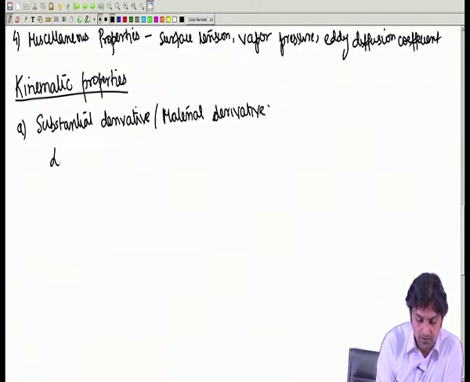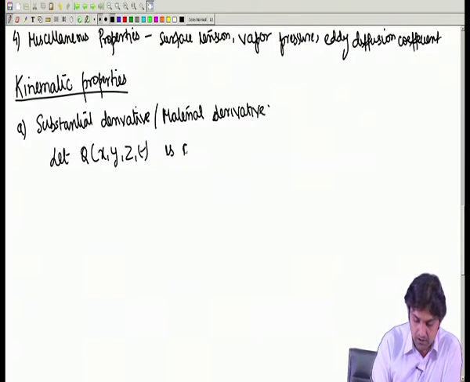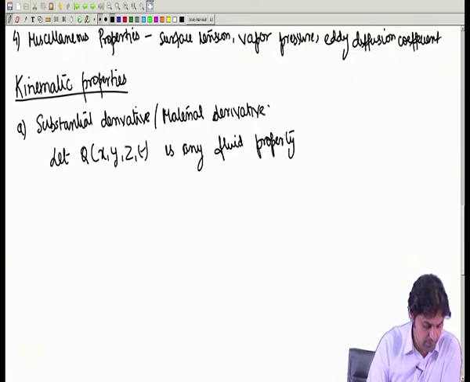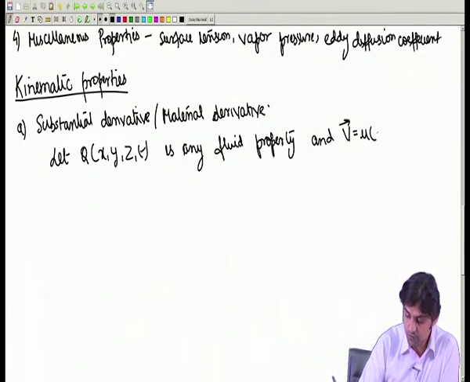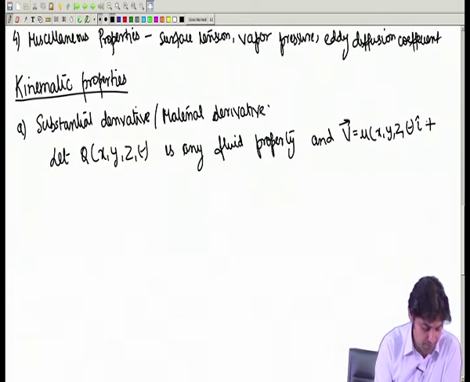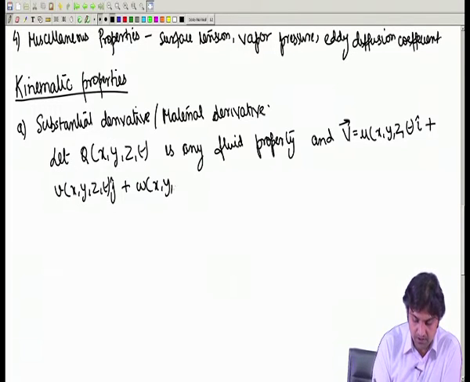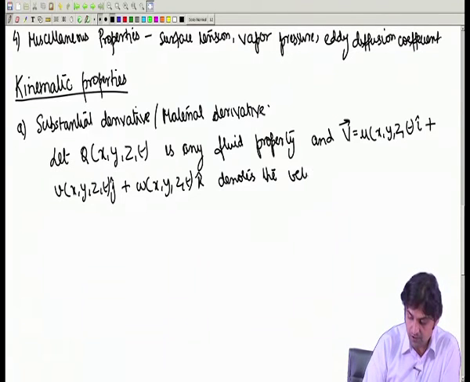Let Q(x, y, z, t) be any fluid property, and let V = u(x, y, z, t) i cap + v(x, y, z, t) j cap + w(x, y, z, t) k cap denote the velocity field.